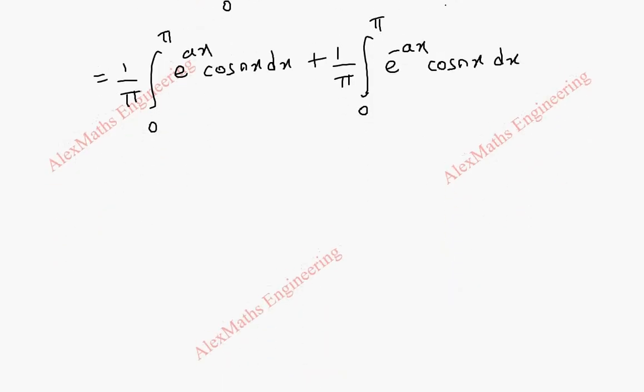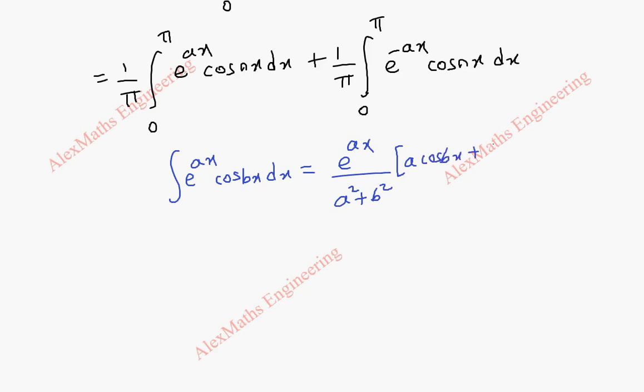We are going to apply the integration formula. Whenever we have e power ax into cos bx dx, the formula is e power ax by a square plus b square, a cos bx plus b sin bx plus c. So we are going to apply this formula for both the terms.